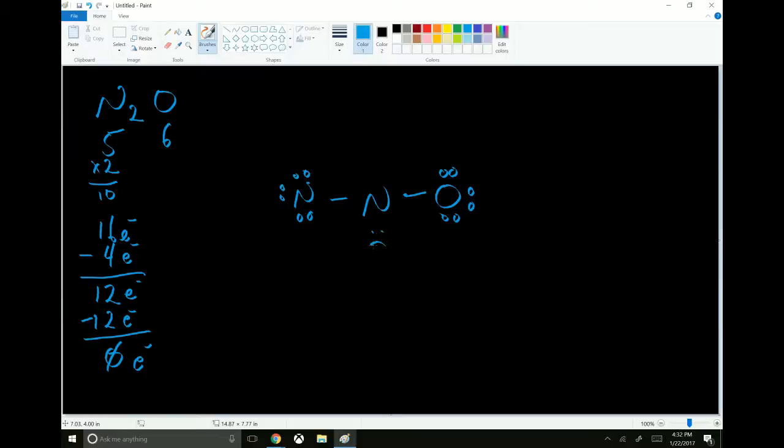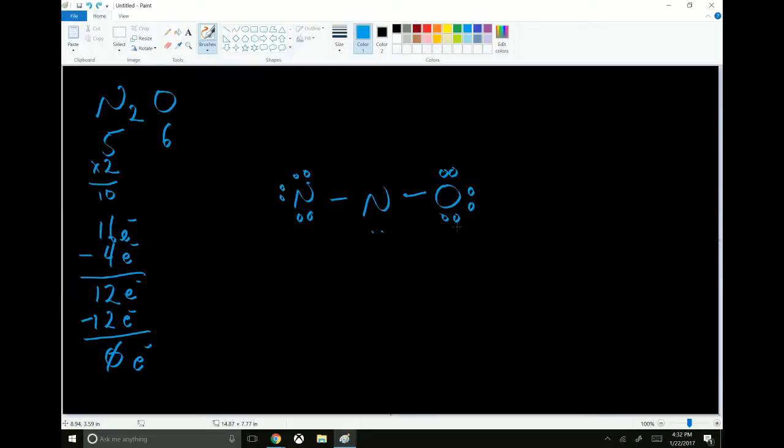Okay. We need to give him double or triple bonds in order to fill out the stable octet. The question is, where are we going to put those double and triple bonds? Because now it would matter where they come from. The nitrogen and the oxygen are not the same atoms, so you can't just choose one at random.